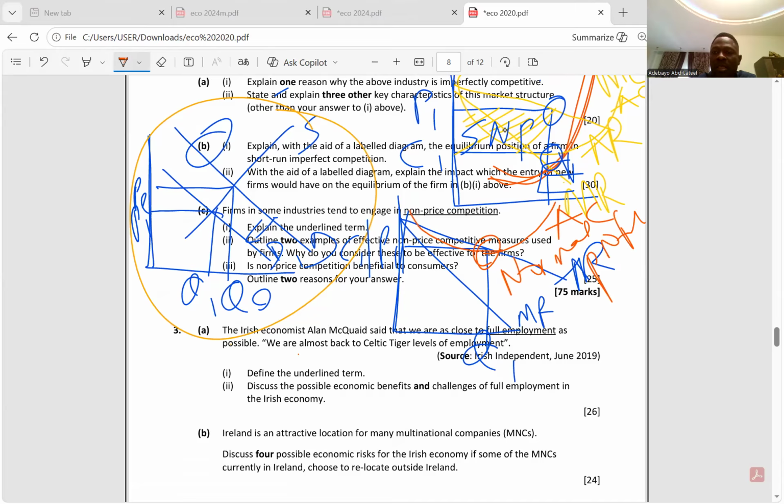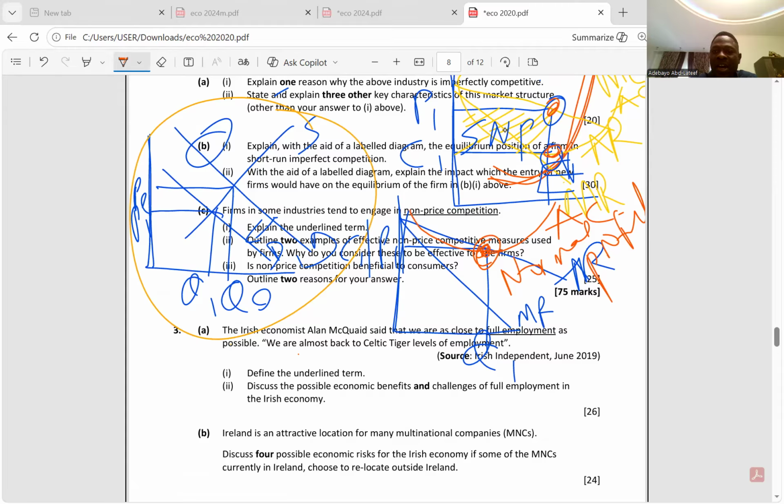profit. So supernormal profit has attracted more firms to come into the market. As soon as more firms come into the market, the demand curve facing each firm will shift leftward from D to D1. And this will bring about supernormal profit to reduce, becoming normal profit. And this is normal profit because AR and AC are at the same point. Before now, AR is above AC.